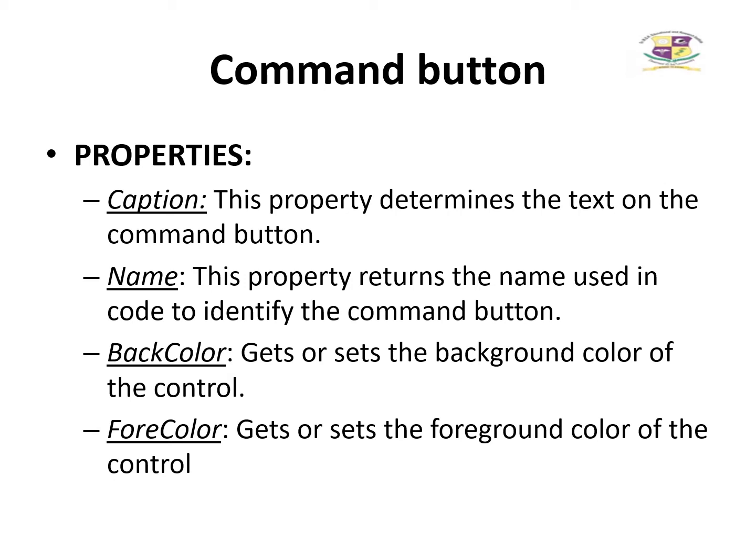As I said in the before slide, caption is a property that determines the text to be displayed on the command button. Name, by using the name which you give for that particular button, it is used to identify the command button in the code. By using this name, you will access all the properties of that command button in the code.